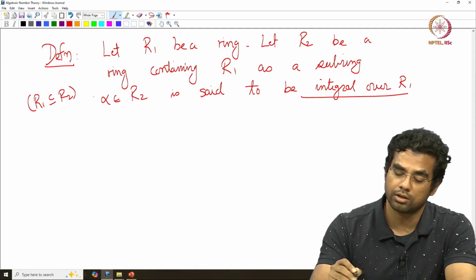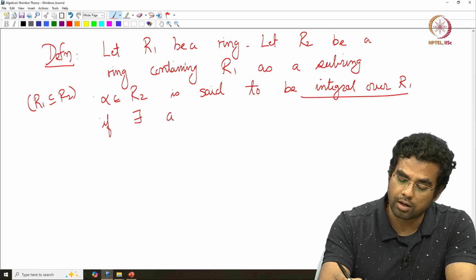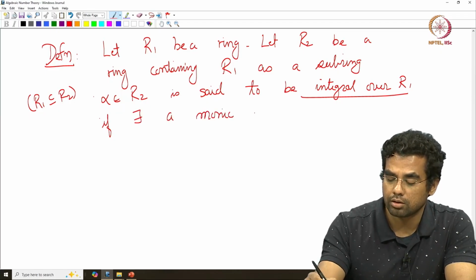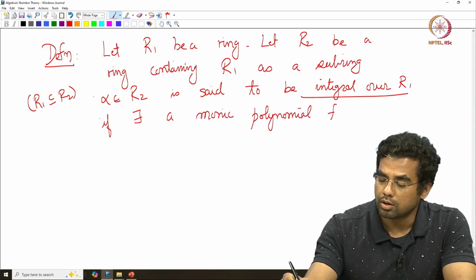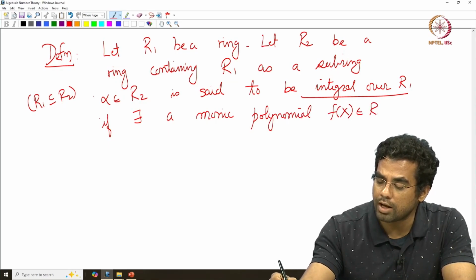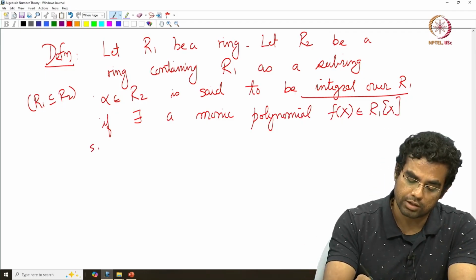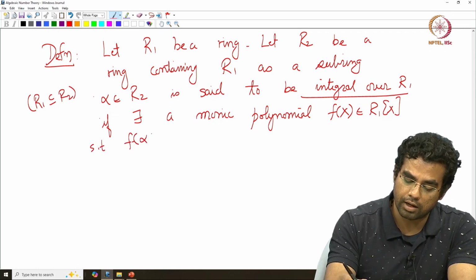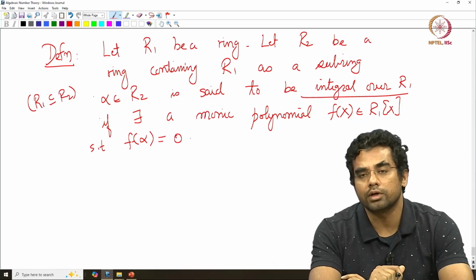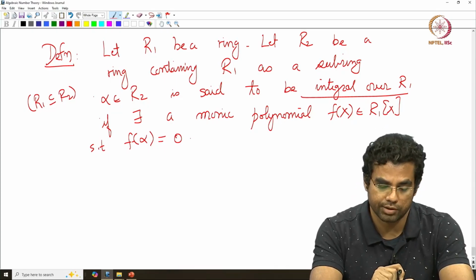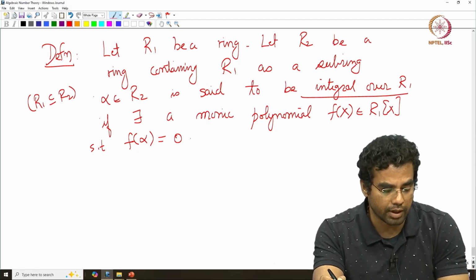Alpha is said to be integral over R1 if there exists a monic polynomial f of x in R1[x], so with coefficients in the smaller ring, such that f of alpha equals 0. So, integral over Z just means algebraic integer. This is a generalization of that.